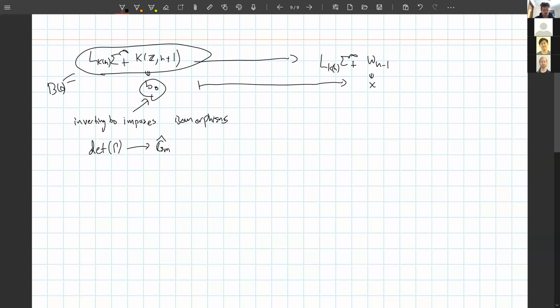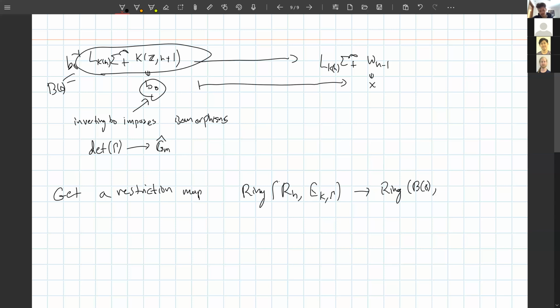The point is that if I invert B0 here, then I get a restriction map from ring maps from RH to E^K gamma to ring maps from B0 to E^K gamma. And if I take either homotopy commutative ring maps or infinity ring maps, this thing is isomorphisms from det gamma to GM. Okay, that's probably good enough.